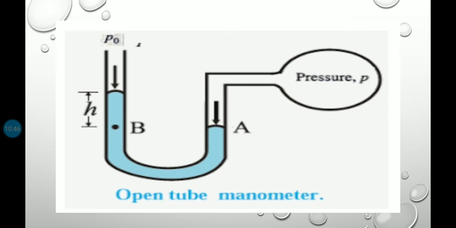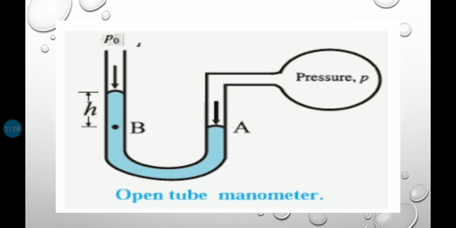One arm of the tube is open to the atmosphere and the other arm is connected to the container, as can be shown in the figure, that is the system whose pressure P is to be measured.